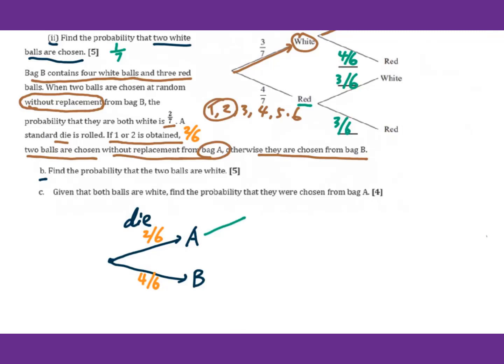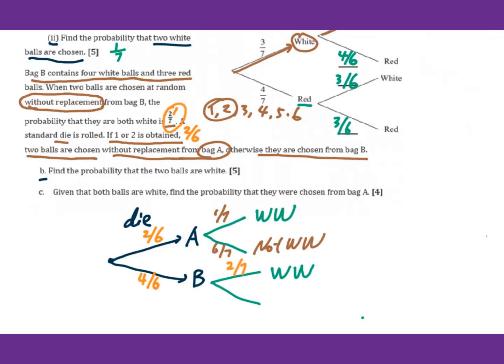According to the information from part A, we know both white ball, the probability will be 1 over 7. Not both white balls, it will be 6 over 7. For bag B, if it's both white, it's given 2 over 7 here. Not both white, it will be 5 over 7.